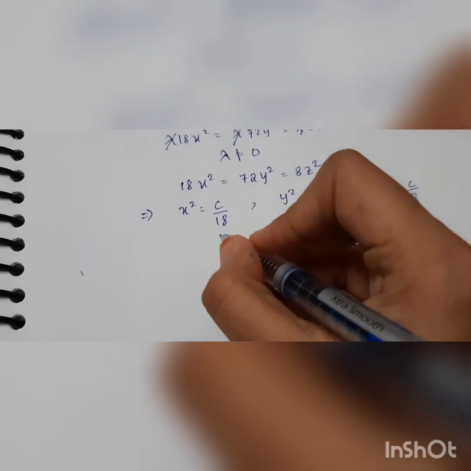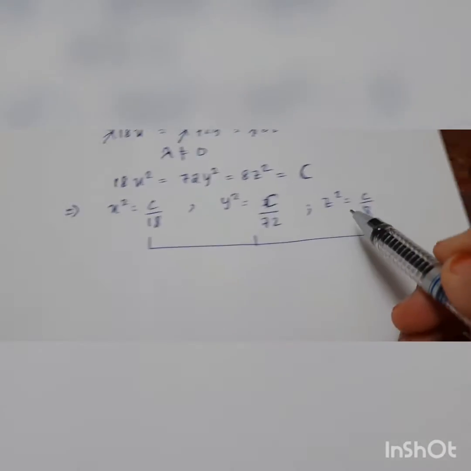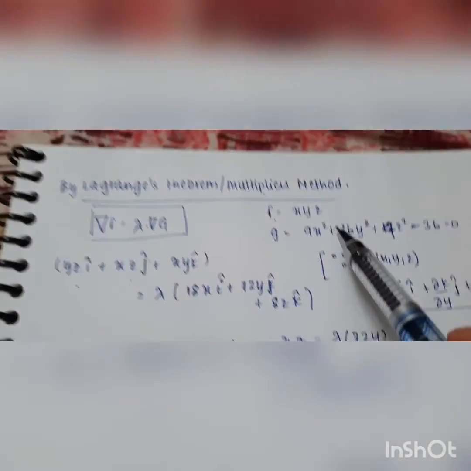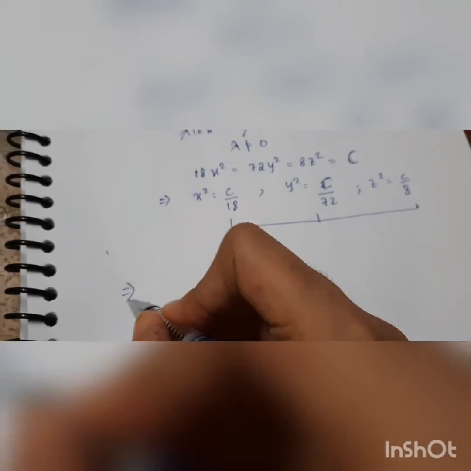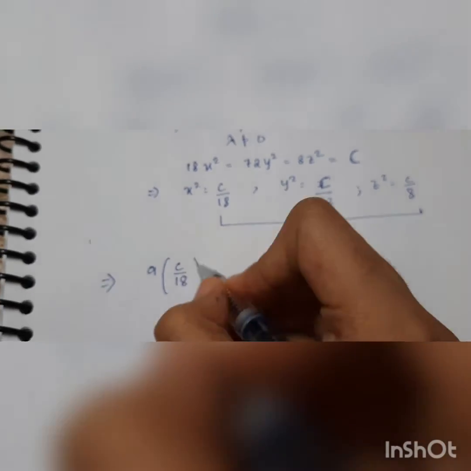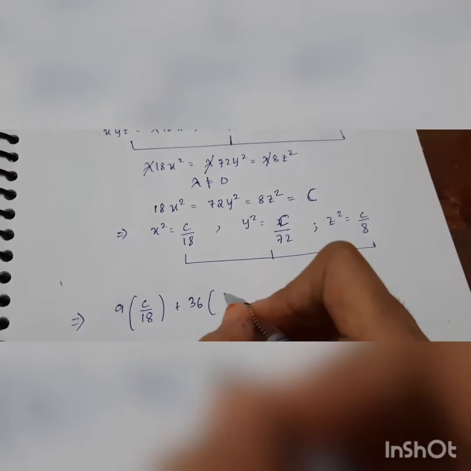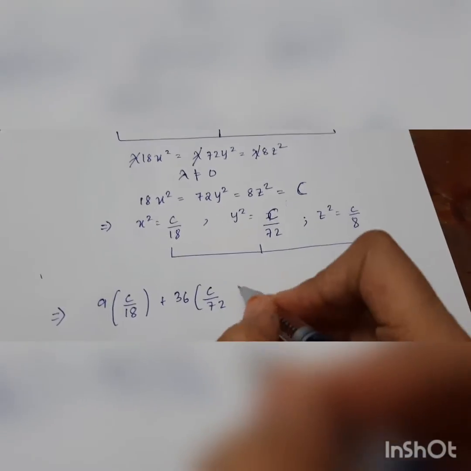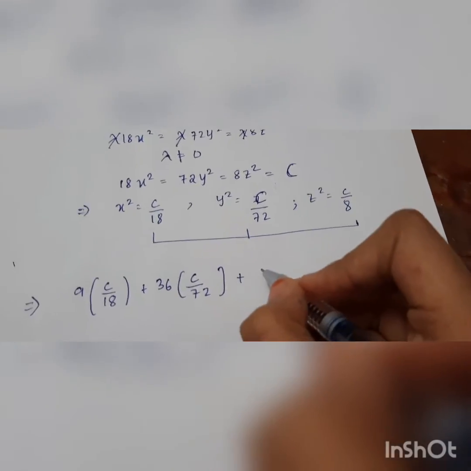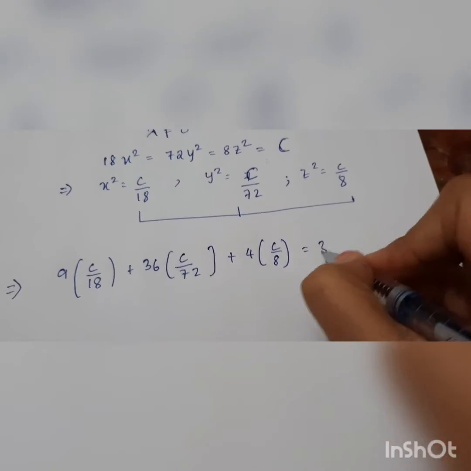By substituting these three values that we have got into this particular equation, we'll see what we get. That is 9 into x², which is c by 18, plus 36 into y², which is c by 72, plus 4 into c by 8, which is z², is equal to 36.